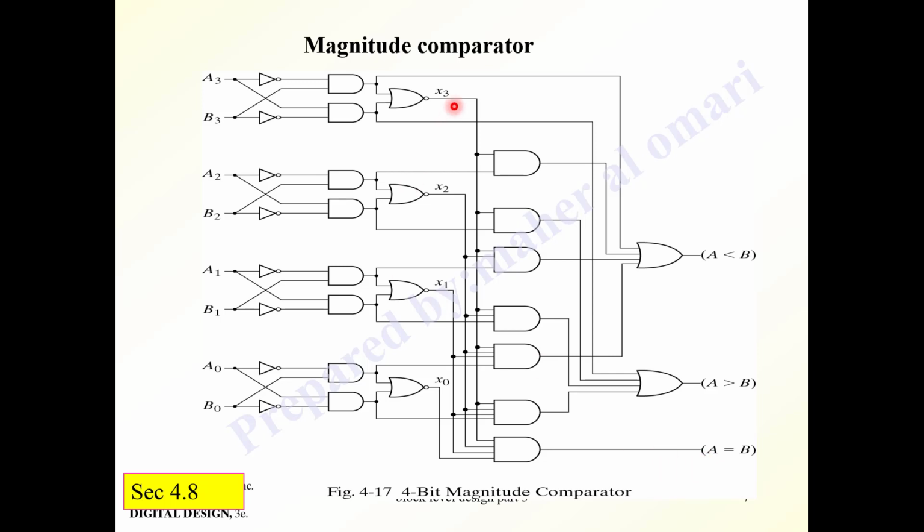And this, of course, means getting the output of these XNOR gates together into an AND gate. This is equal to 1 only if this is equal to 1, and this is equal to 1, and this is equal to 1, and last is X3 equal to 1.